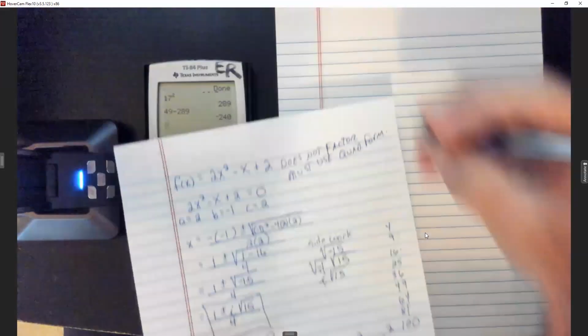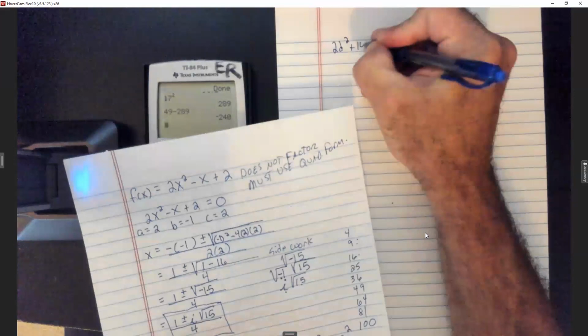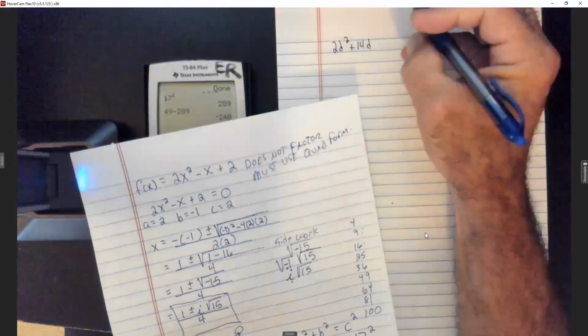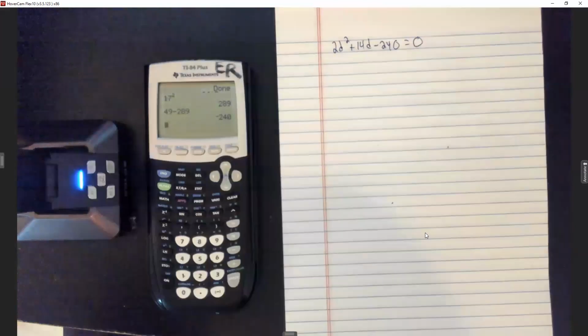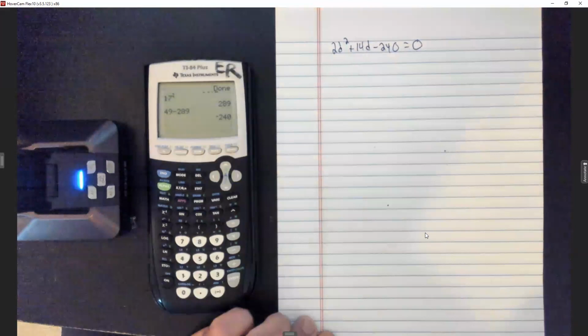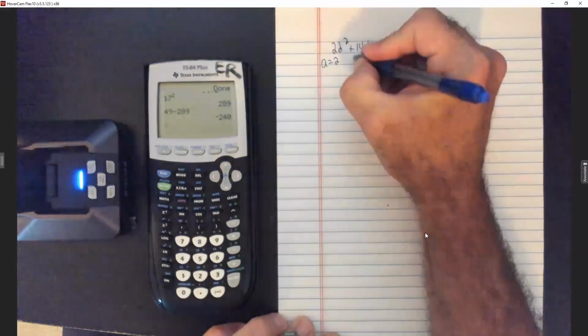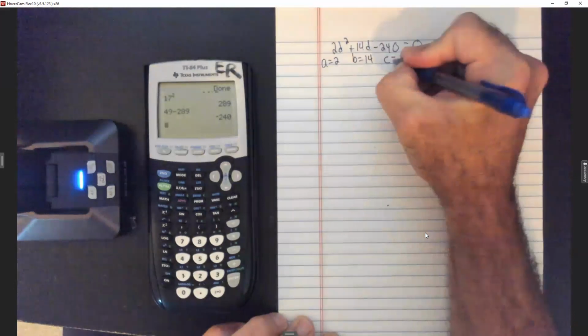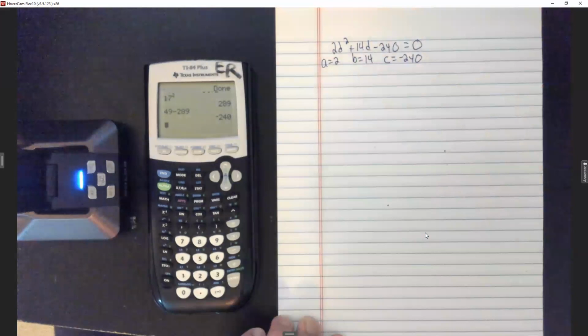I'm at this point where I had 2D squared plus 14D minus 240 equals 0. So I know A is 2, B is 14, C is negative 240. To solve this, I'm going to use my quadratic formula real quick.